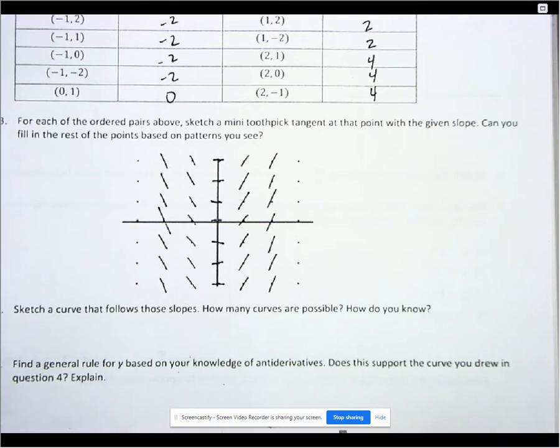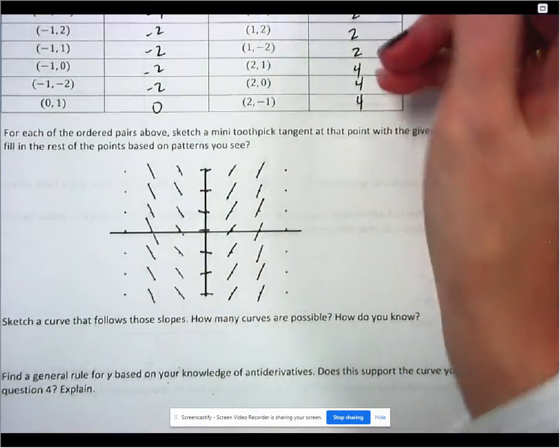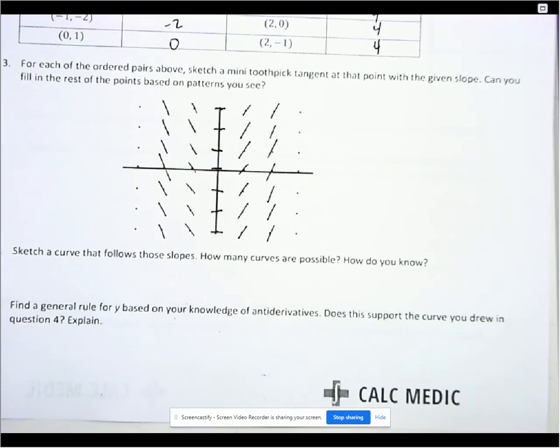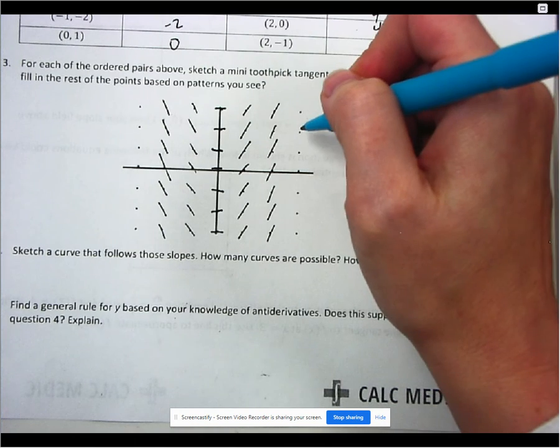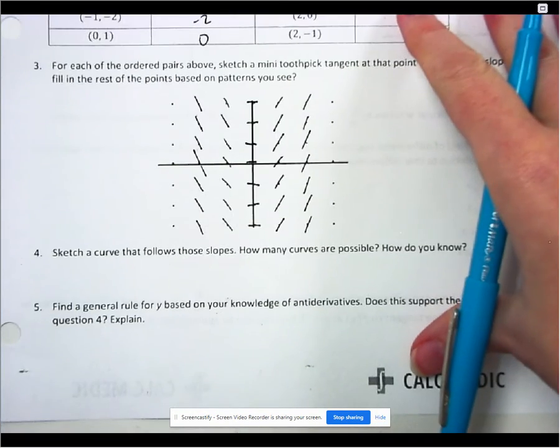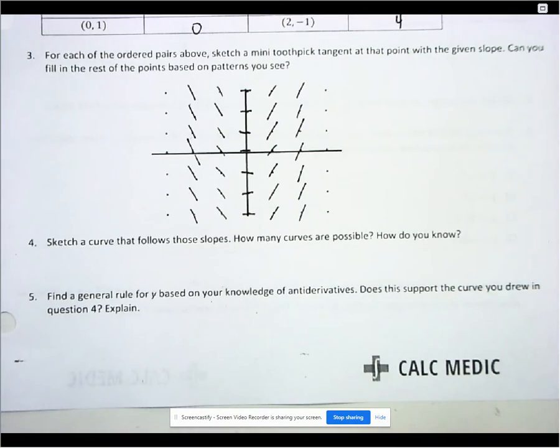Okay. So that's drawing a slope field. You just take the ordered pair at that point, plug it into your differential equation, and whatever you get, you're going to draw a little baby slope right there. So like if you get 5, you draw a little baby slope of 5. Right? And then for 4, we're going to sketch a curve that follows these slopes.